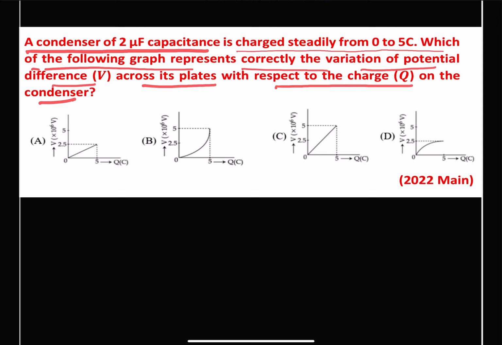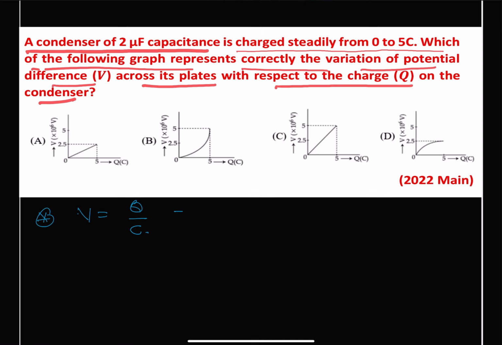So we know that the relationship between the voltage, that is potential difference, and the charge is V is equal to Q upon C. Here C is given to us as 2 microfarad.